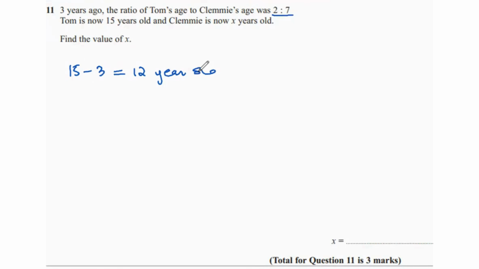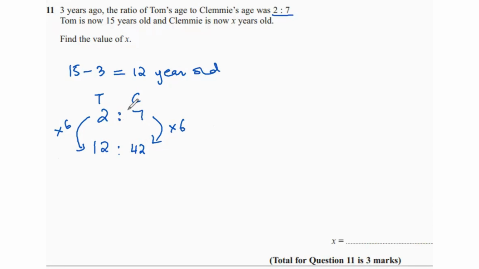So 3 years ago, he was 12 years old. The ratio for the age is 2 is to 7. 2 is for Tom and 7 is for Clemmie. So if 3 years ago he was 12 years old, we can turn 2 into 12 by multiplying it by 6. So if 2 times 6 is 12, that means 7 times 6 is going to be 42.